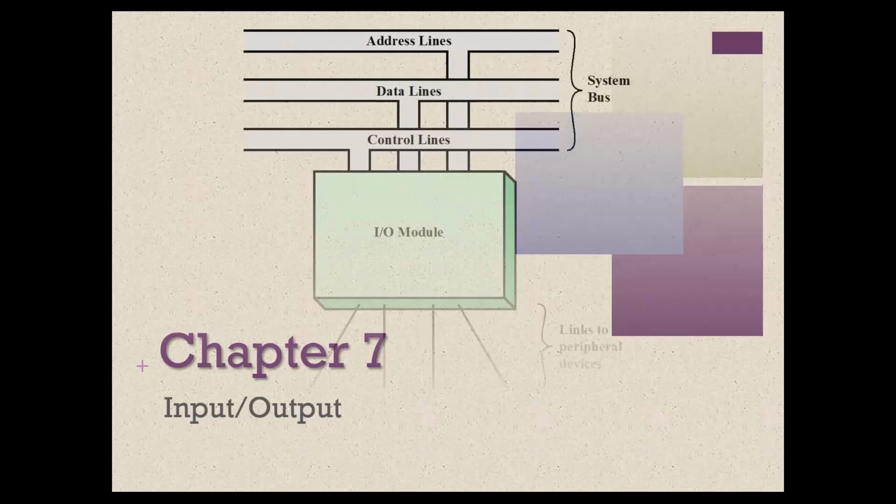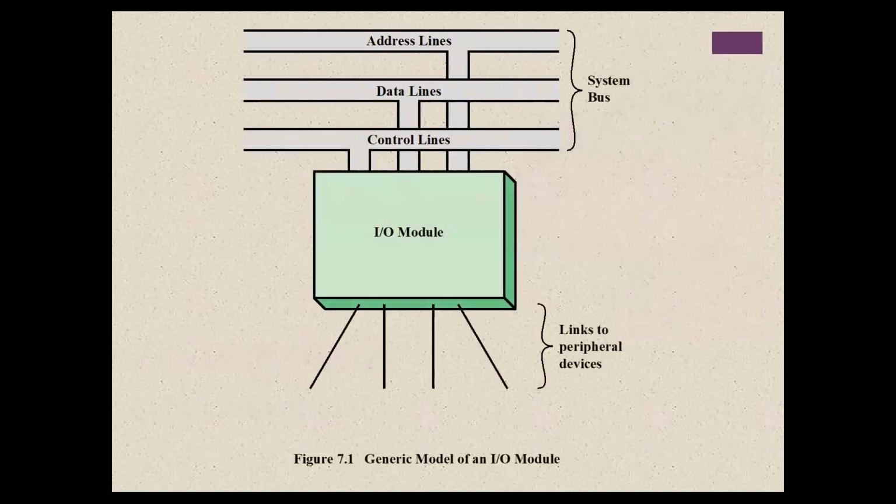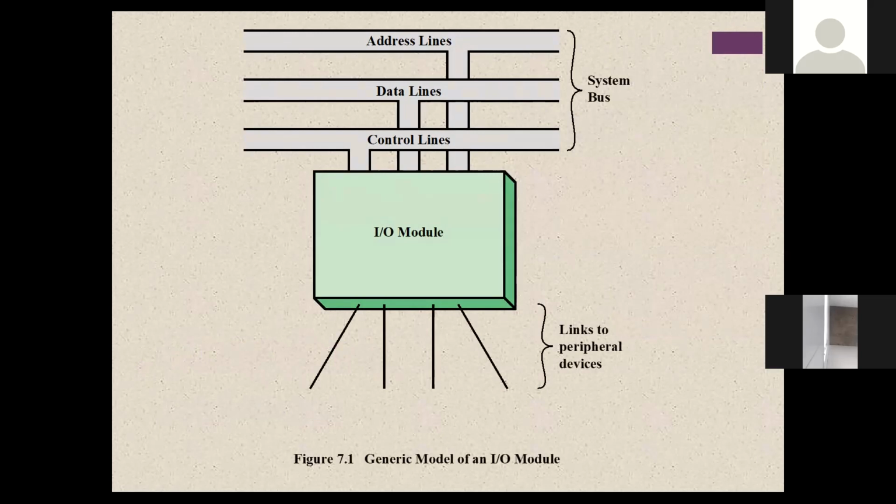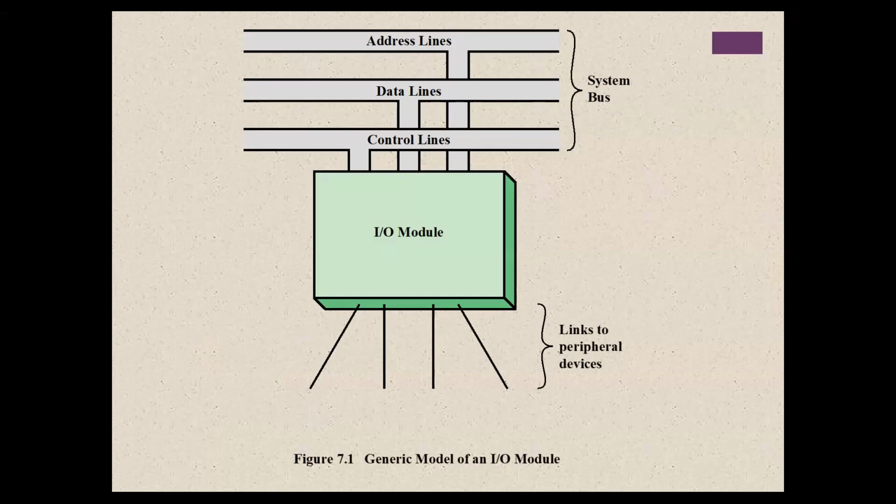So the main question that maybe somebody will be asking, or you may be asking, is why is it that we cannot connect the peripherals directly to the system bus? And there are a number of reasons why we cannot do that. One, there are a wide variety of peripherals with various methods of operation.